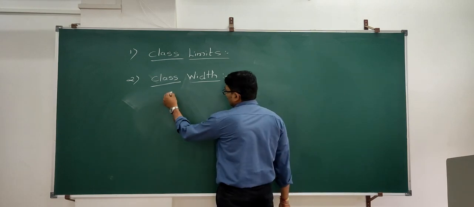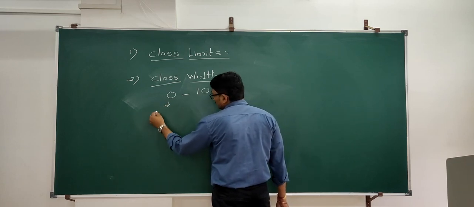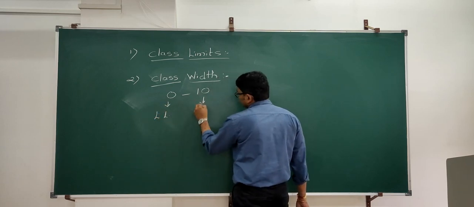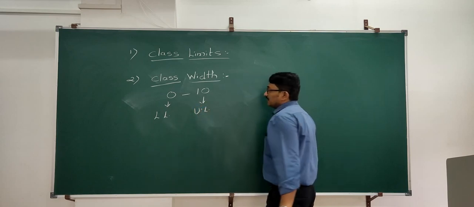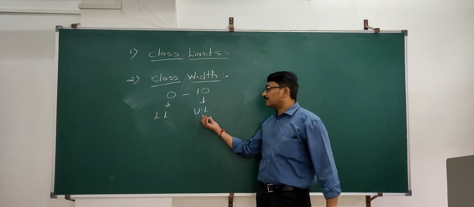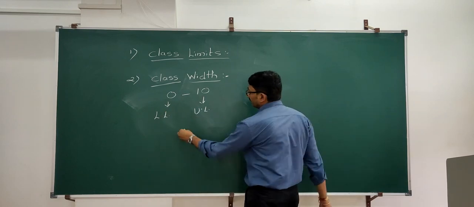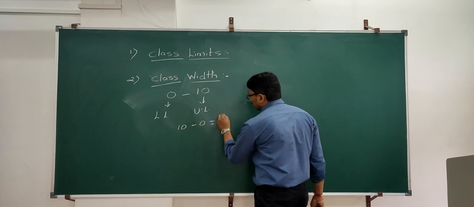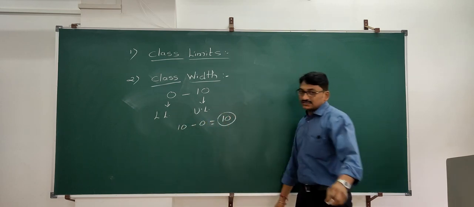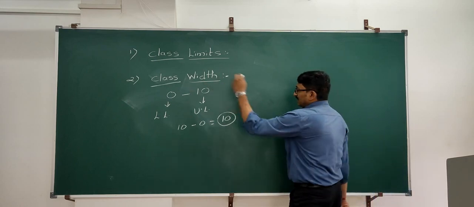Suppose we take the same example, 0 to 10. 0 is the lower limit, 10 is the upper limit. So the difference is 10 minus 0, so the class width is 10.